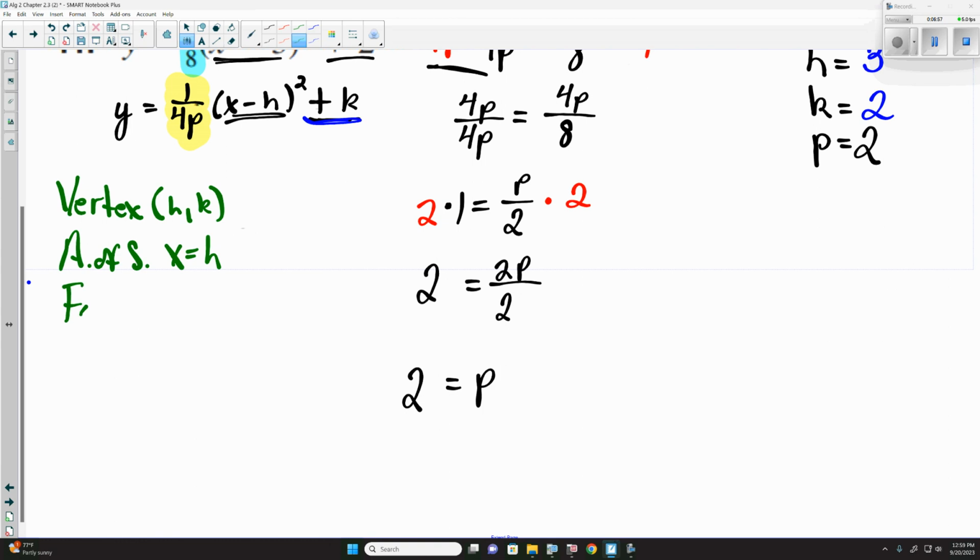Our focus, which for us is h comma k plus p. And our directrix, which is our equation y equals k minus p. So these are the 4 pieces of information we're trying to find.